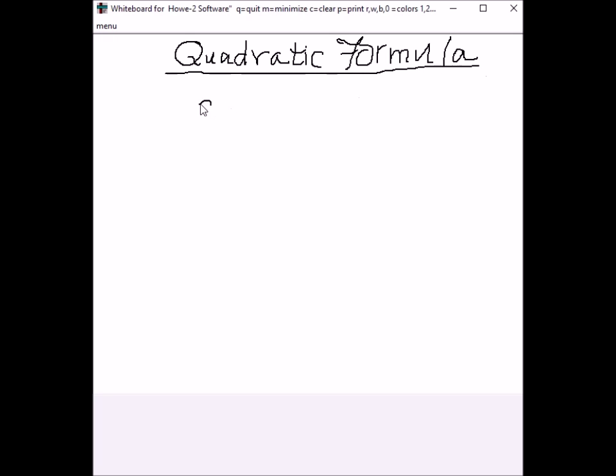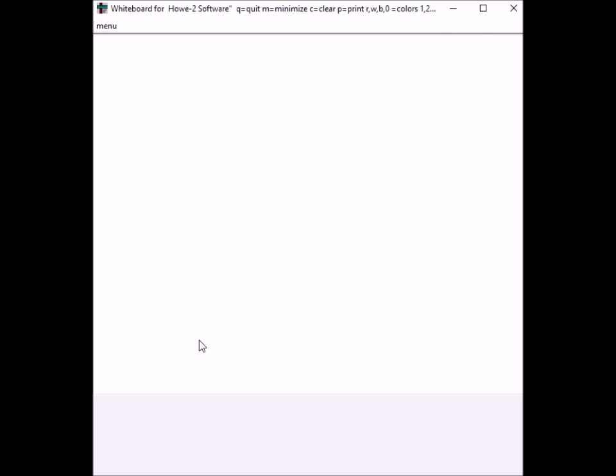If we had, well, let's see, why don't I clear that, because I should probably do this in two. I didn't really want to get rid of this. Let's make up a problem like x squared plus 4x plus 6 equals 0.